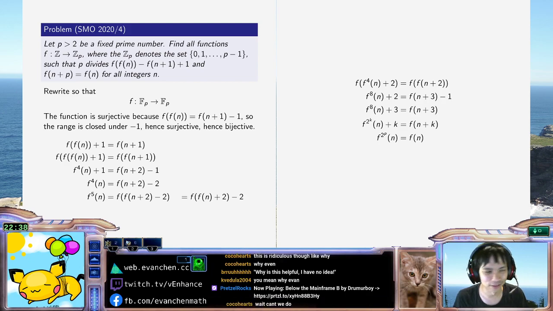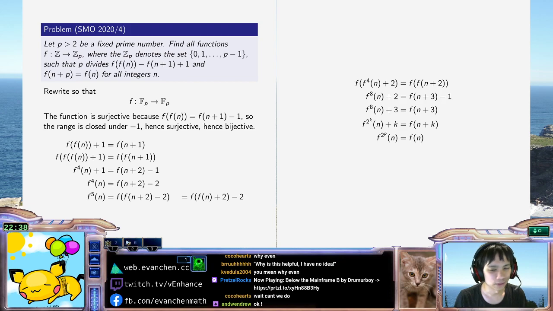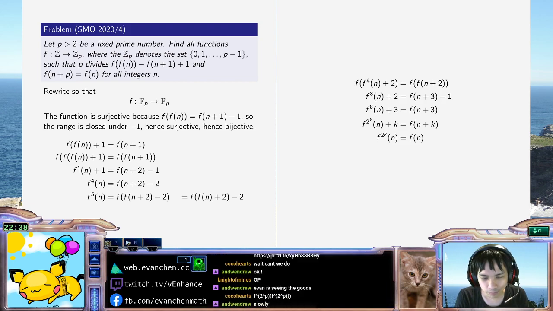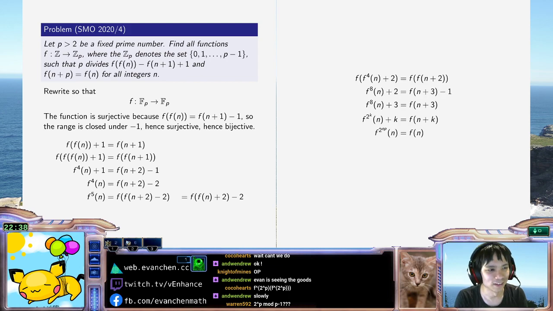Well, actually, hang on. F to the 2 to the e p is, okay, for this is true for every positive integer e and n.